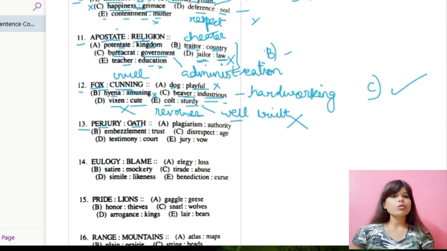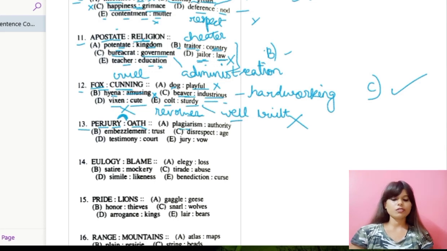So under oath you are telling false statements or lies. Okay, and oath means you are promising that you are going to tell the truth. So the relation between perjury and oath is that perjury means false oath and oath means promise. We need to find this kind of a relation between the words which are given in the options below.